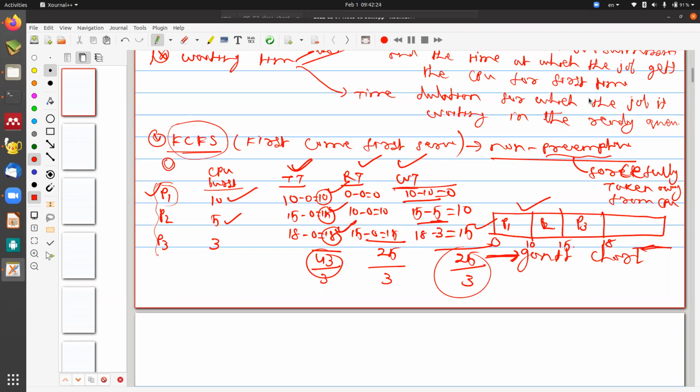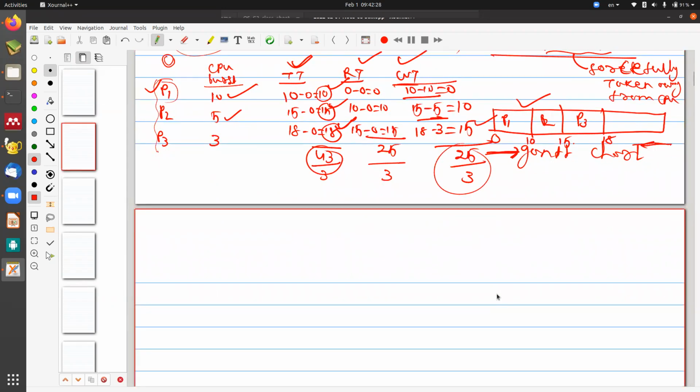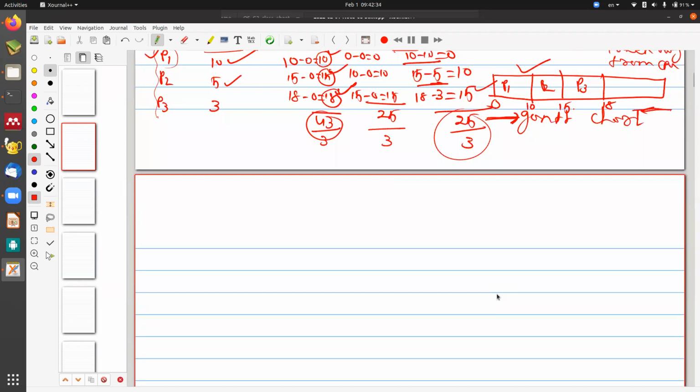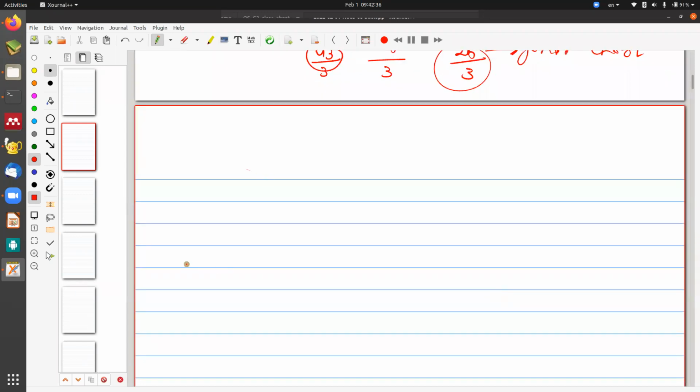Okay. So one more example I'll give you. You have to calculate. Then I'll tell you what the problem is, what the advantage is, where this kind of thing has to be used. So let's see. One more example I'm giving. I have not told, but I'll ask you. That is P1, P2, P3, P4, and arrival times are 6, 0, 4, and 5.